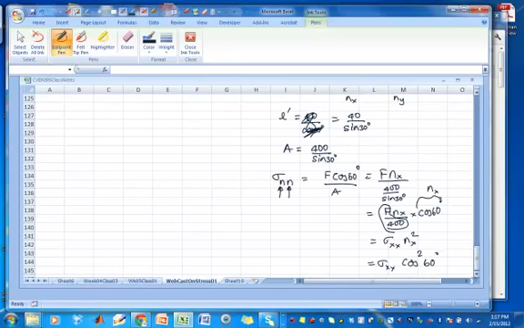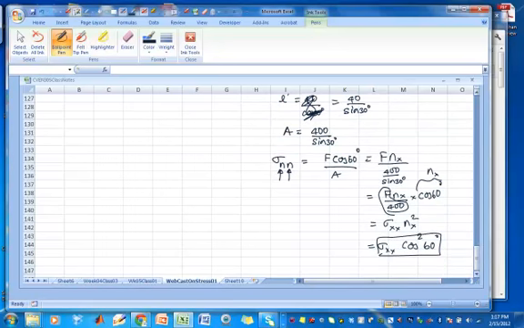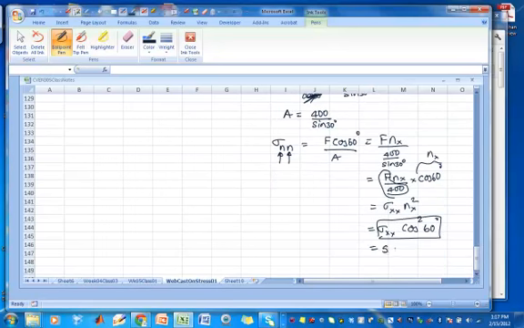Make sense to you? Which is 5 cos squared 60 degrees. Cos 60 degrees is a half, so this is 5 over 4.